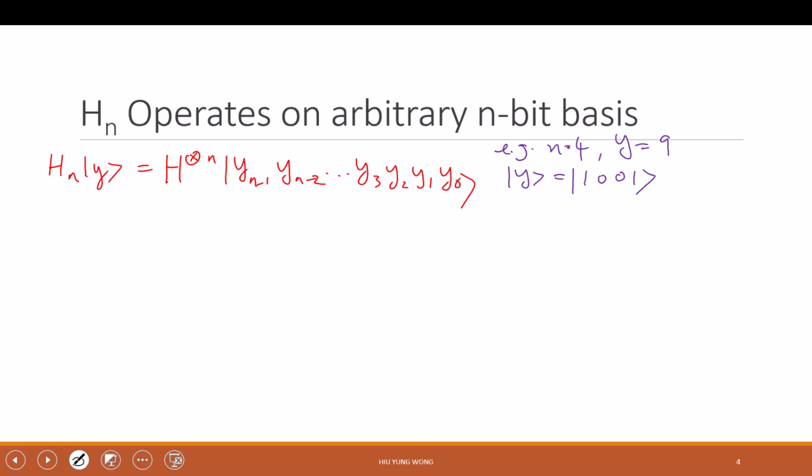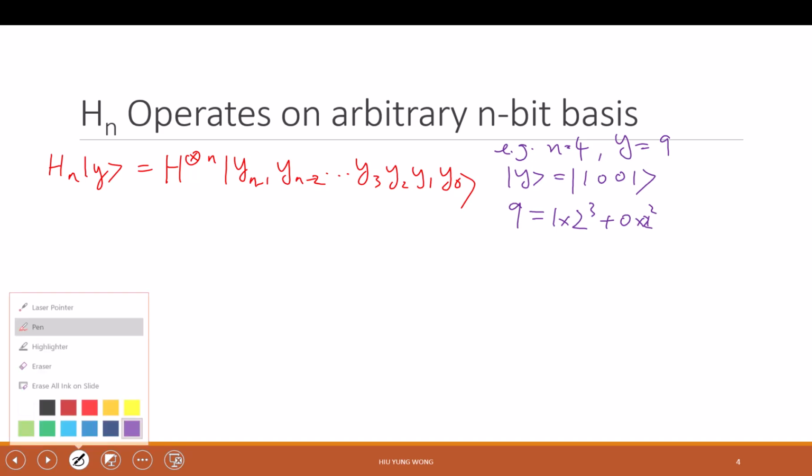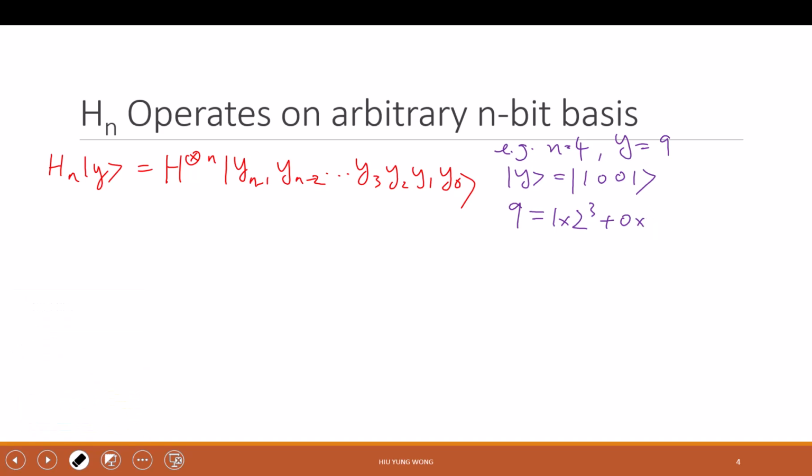Is that okay? And does everyone remember the binary representation? If not, remember that 9 equals 1 times 2 to the power 3 plus 0 times 2 to the power 2 plus 0 times 2 to the power 1 plus 1 times 2 to the power 0.